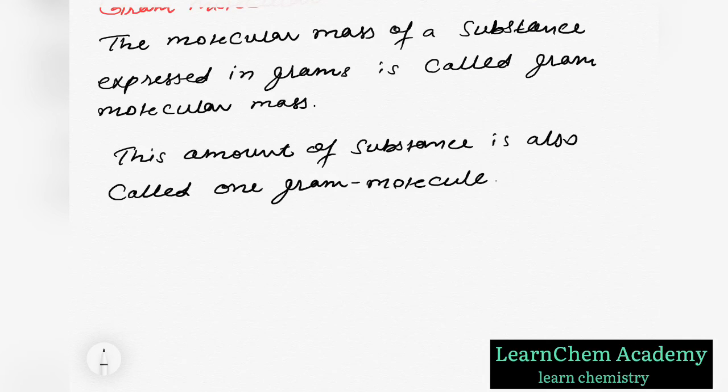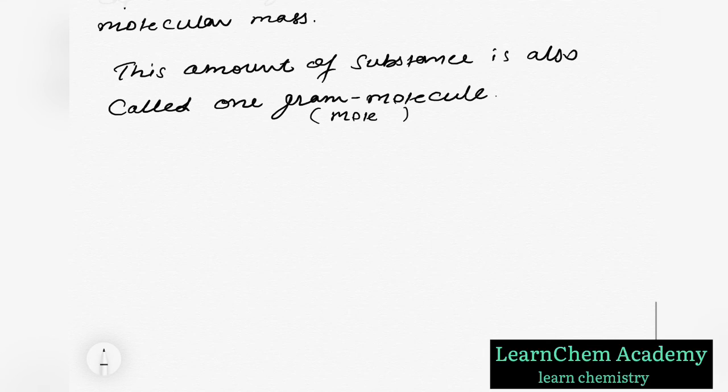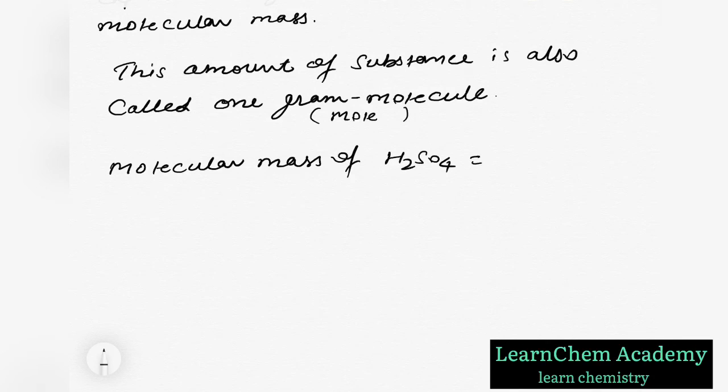So this is 1 mole. Here the molecular mass of H2SO4 which we calculated just now, sulfuric acid, is 98 amu.